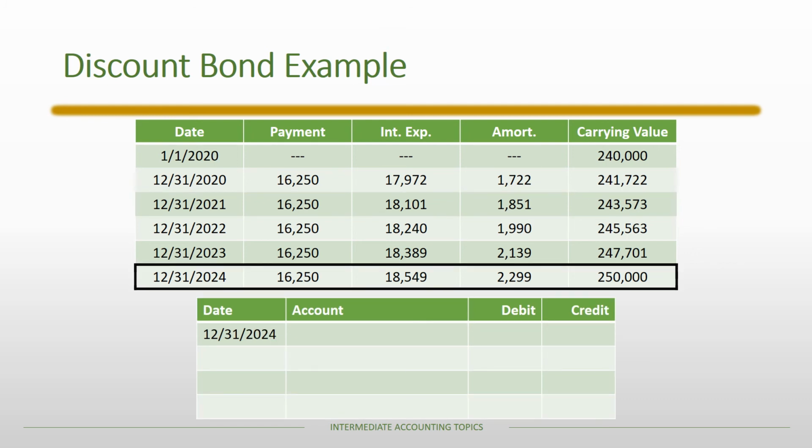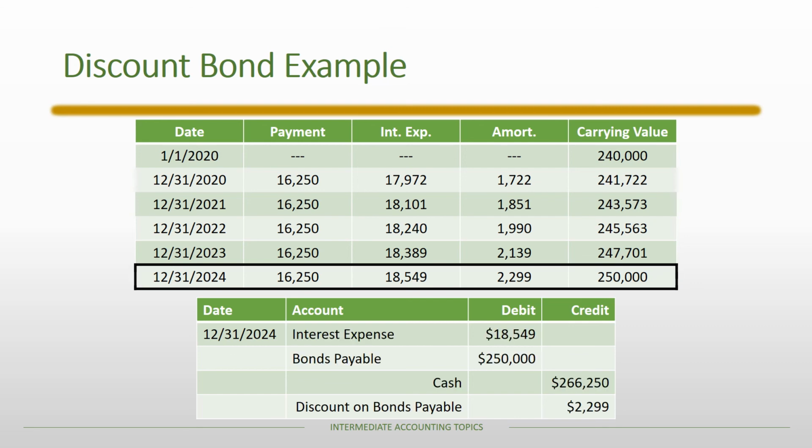Now, for the final journal entry, not only do we need to record the last interest payment, but we also have to record the fact that the bond is being retired, it's going to be paid back. And so there's a little more going on. First of all, the interest expense is taken from the table, $18,549. Since we're paying off the bond, we do need to debit the bond payable.